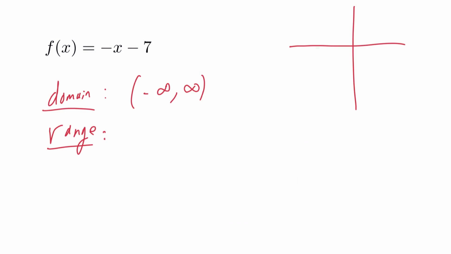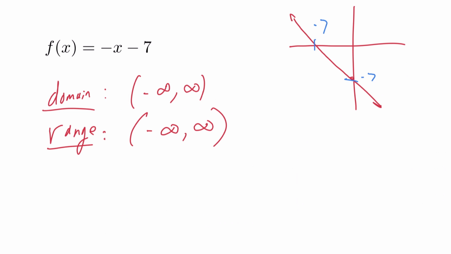So at 0, it's minus 7. So maybe something like this. Okay, so it looks like it's going to hit everything, that all y values will be achieved. And that is correct.